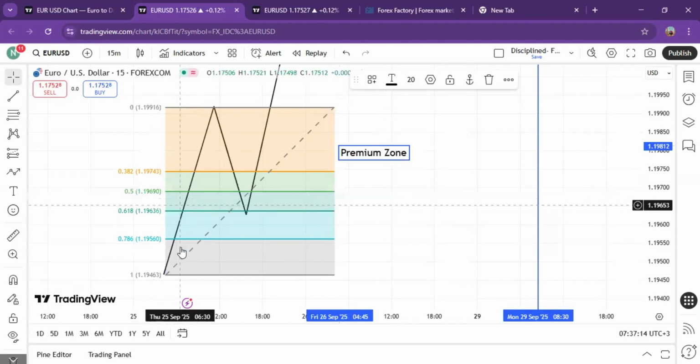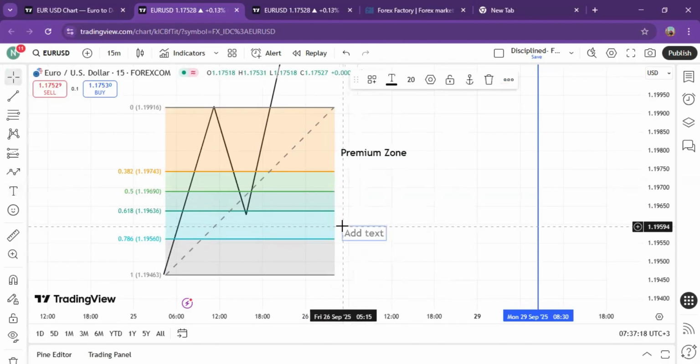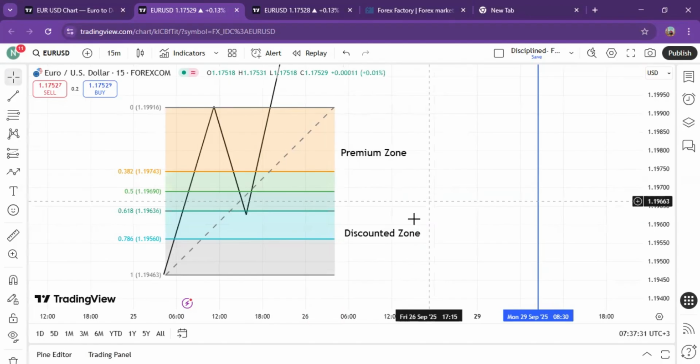Then below 50 to 1, we have the discounted zone. That's why when you go to the market, you always want to purchase something with a discount. So we have that discounted zone.